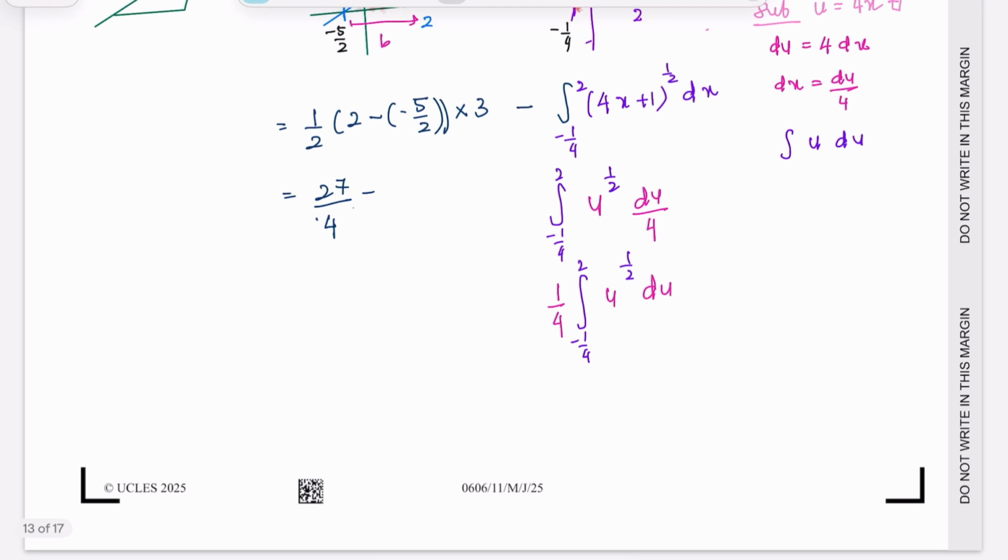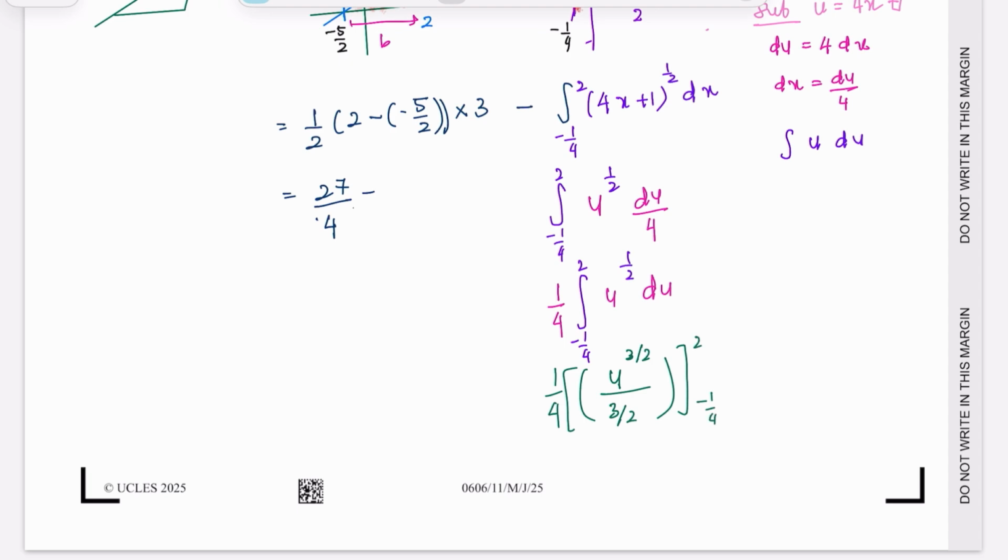Now, this is easier to integrate because it is just the power rule. Bring in front and then plus 1, 1 over 2 plus 1, u to the 3 over 2 over 3 over 2 times 1 over 4, with the limit of negative 1 over 4 to 2.